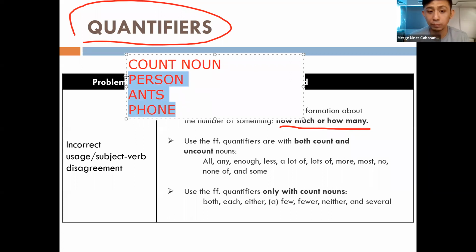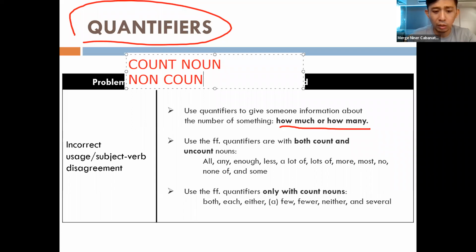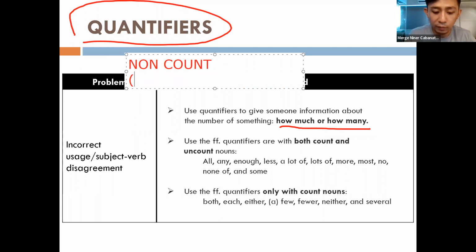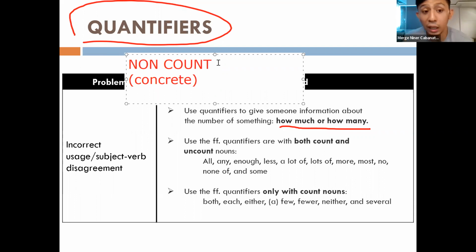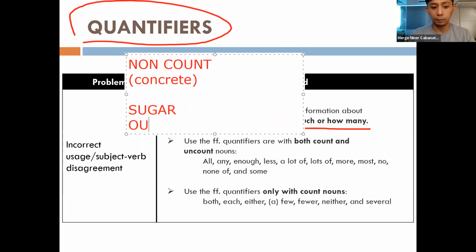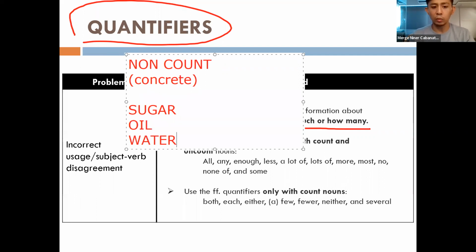So now, si non-count. Burahin ko muna tong si count, baka ka malito. Si non-count noun, the idea here is that even though it physically exists, nasa concrete category pa rin, but you cannot count it physically. Halimbawa, sugar, or oil, or water. Well, may mga nag-exist sa language tulad ng sugars.